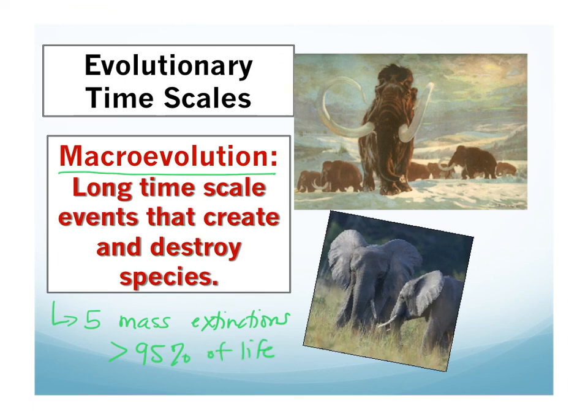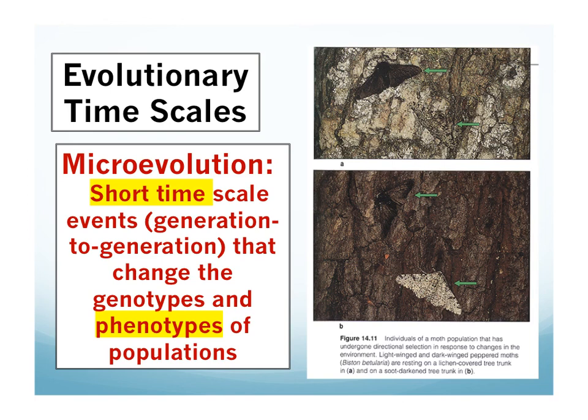Typically, though, when we're dealing with evolution, we really deal with it on a microevolution scale, which is still a really long time for humans, but it's relatively shorter compared to macroevolution. So short time scale events from generation to generation that change the genotypes and phenotypes of populations.